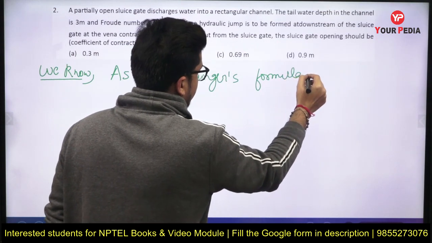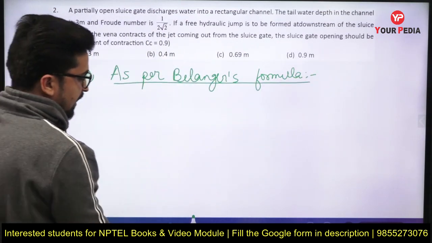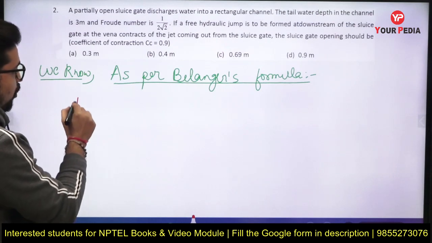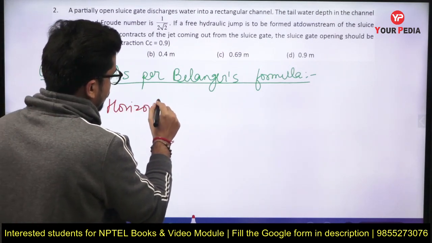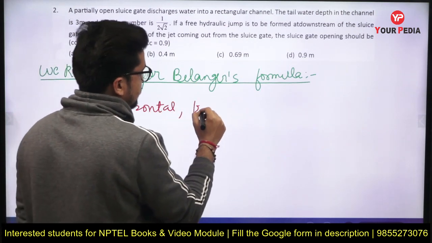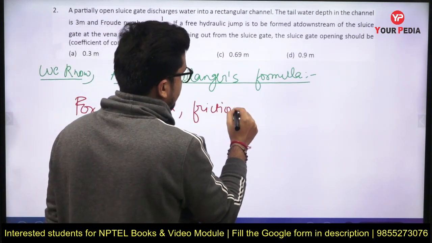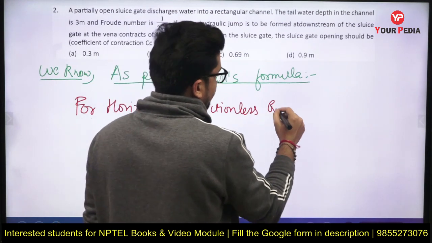There is Belanger's formula which is for a horizontal and frictionless rectangular channel.